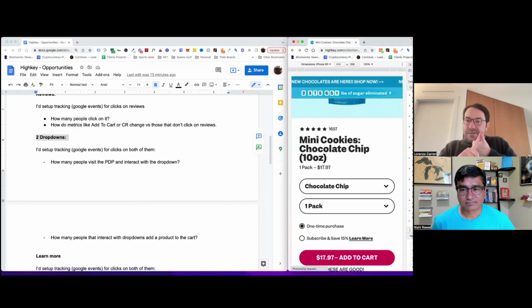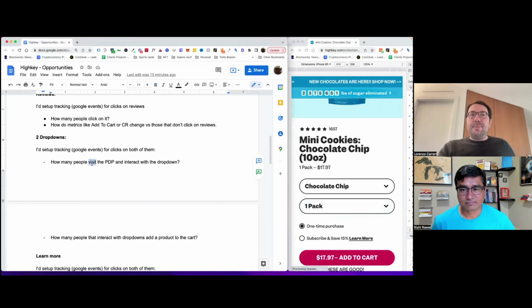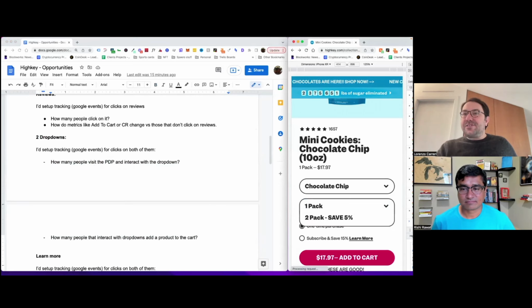They're hiding the flavors, and they're hiding the fact that you can buy a 2-pack in the drop down. So my question here is, how many people visit the PDP and interact with the drop down? And how many people that interact with the drop down add the product to the cart? Because especially here, if I don't interact with the drop down, I don't know that I can save 5% if I buy the 2 packs.